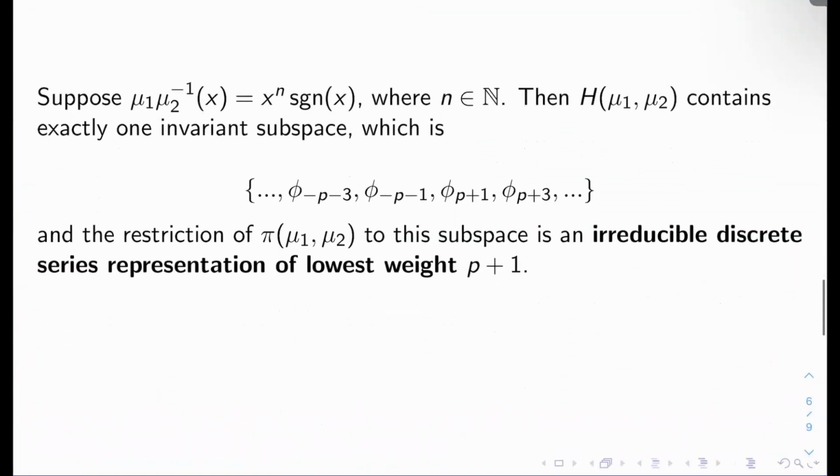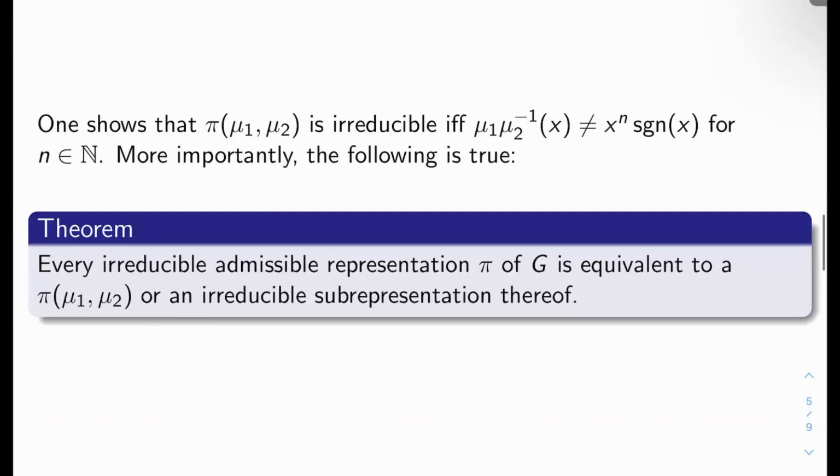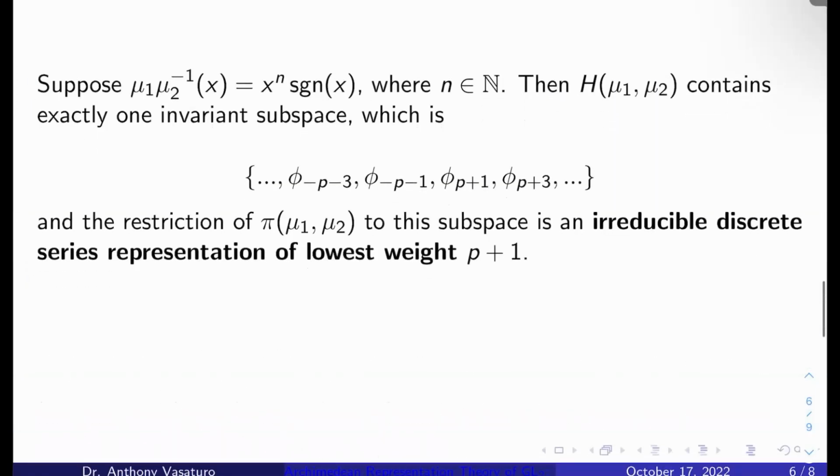Okay, so how about those irreducible subrepresentations? Well, let's suppose mu1, mu2 inverse of x is equal to x to the n sign of x for some n in N. And so by this fact up here, we have reducibility. Well, then H of mu1, mu2 contains exactly one invariant subspace. And so the restriction of pi of mu1, mu2 to this subspace is going to be an irreducible representation.